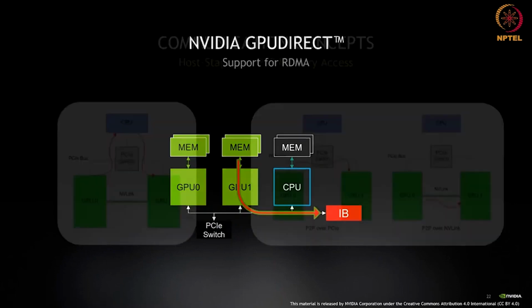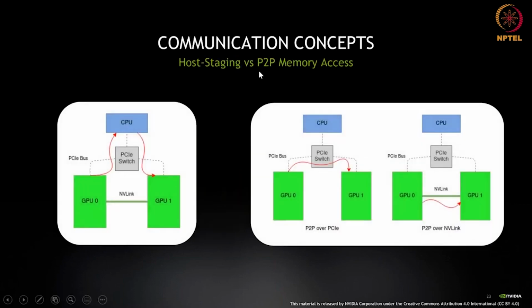The other is also the communication concept, which I was showing you some time ago, right? In the previous slide that I showed you, we noticed some basic terminologies that happen in an interconnect. We can also have multiple types of interconnects. Like on the left hand side, you are seeing a method which is called host staging.